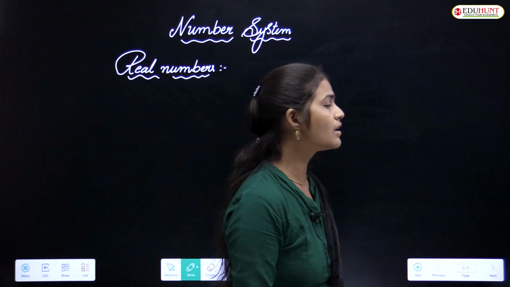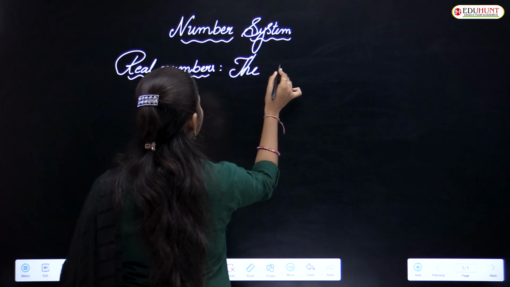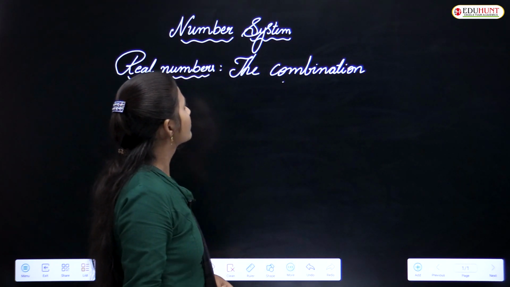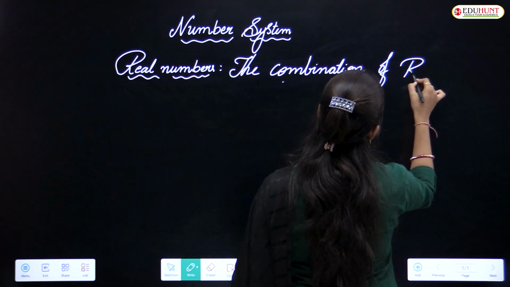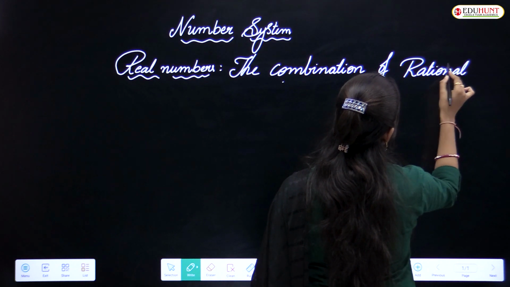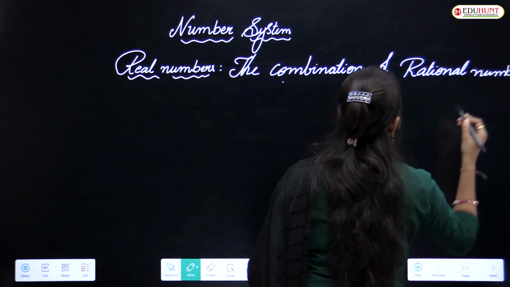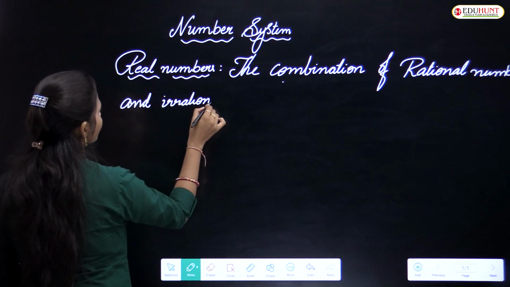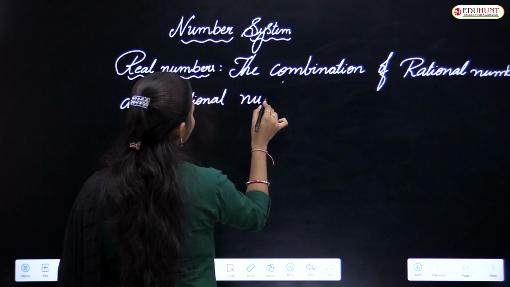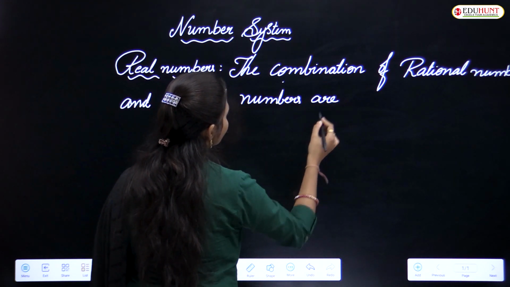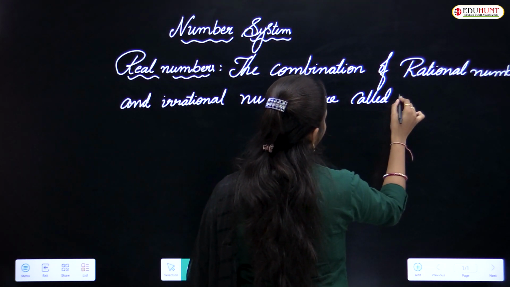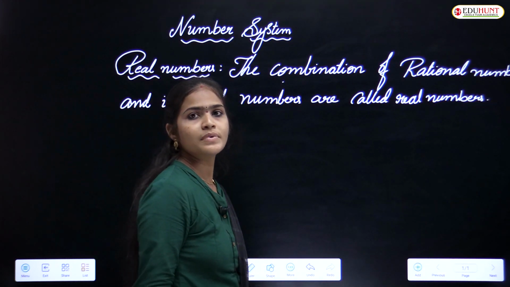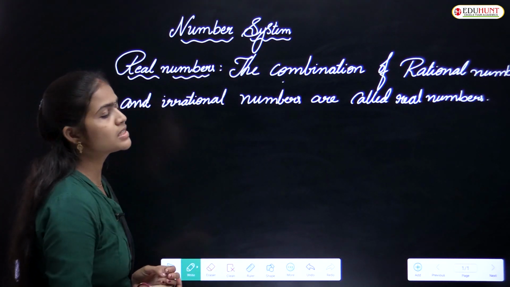So real numbers means the combination of rational numbers and irrational numbers are called real numbers.